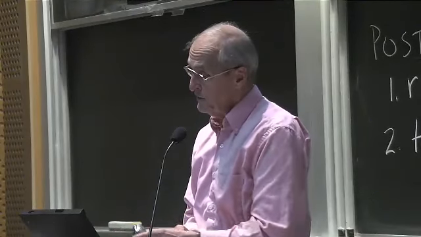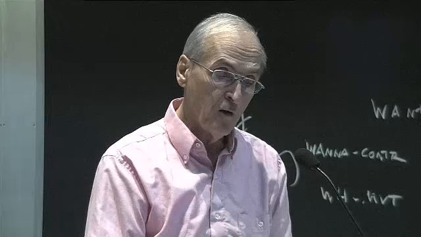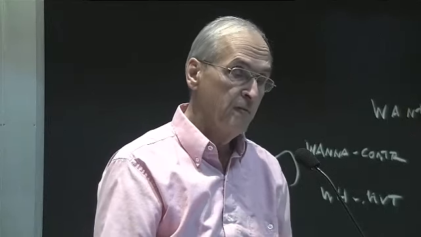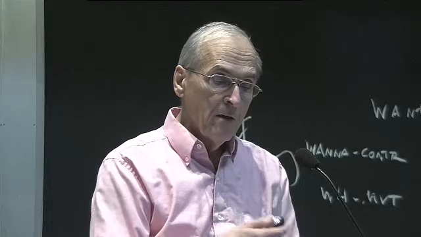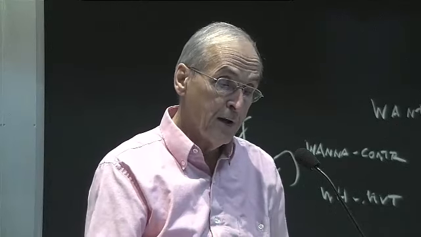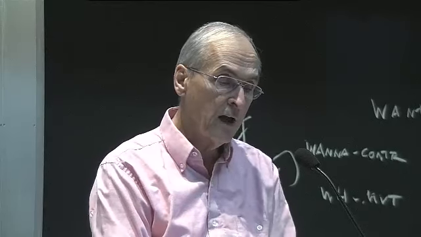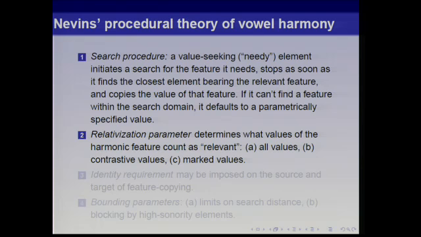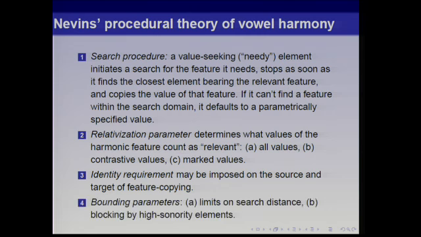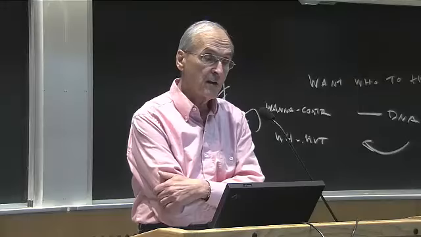If it can't find a feature, then it defaults to a specified value. And there are also parameters like what features count as relevant. It could be all values, contrasted values, or marked values. An identity requirement, you could require that the vowels otherwise be identical, and then some limits on the distance of the search and the kinds of elements that you can cross.